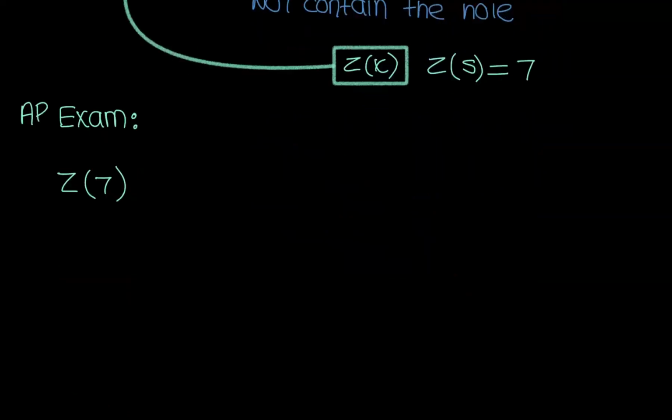So on the AP exam, we're going to say that z of 5 is just equal to the limit as x approaches 5 of f of x, which is also 7.